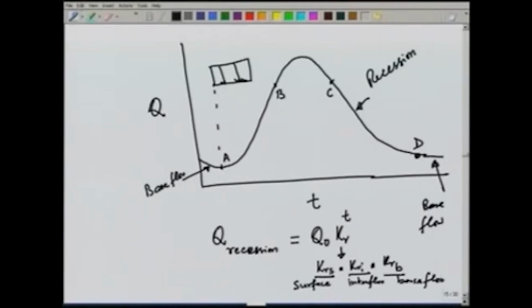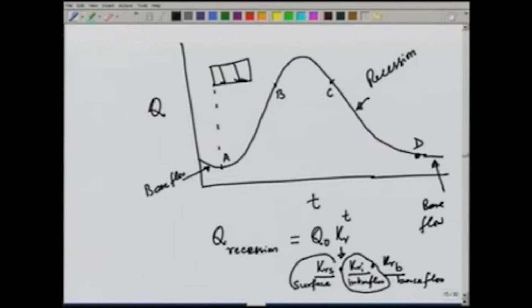So, these factors K denote how fast the surface stream discharge will decay, how fast the interflow is decaying and how fast the base flow is decaying. In most of the basins, the interflow component may not be very large, and typically Kri can be taken as 1.